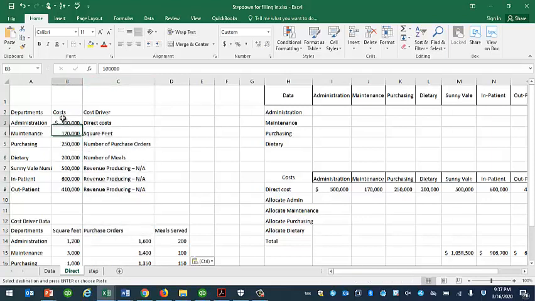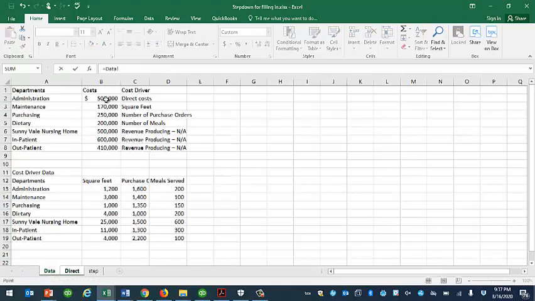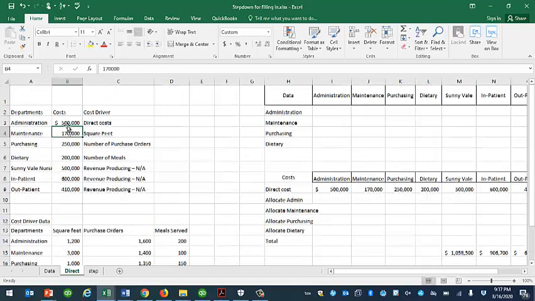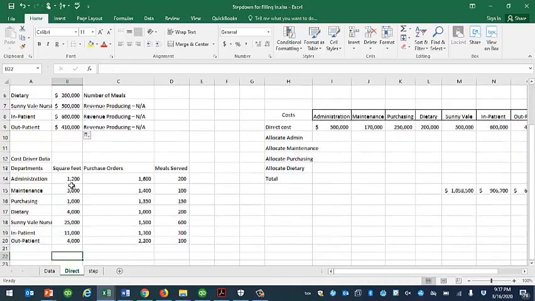So therefore what I'm going to do is take each of these numbers from the data sheet and copy them over as formulas so that when we change the data sheet, it will change everything included in both the step down and the direct method here, the direct method, but ultimately the step down as well.